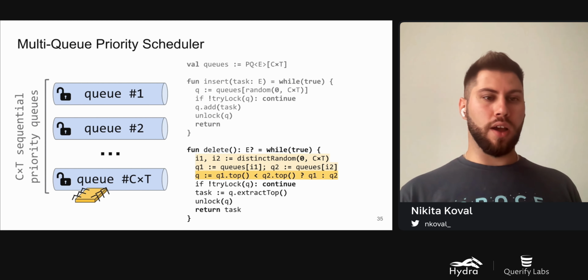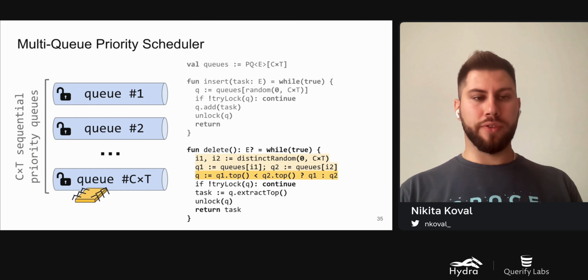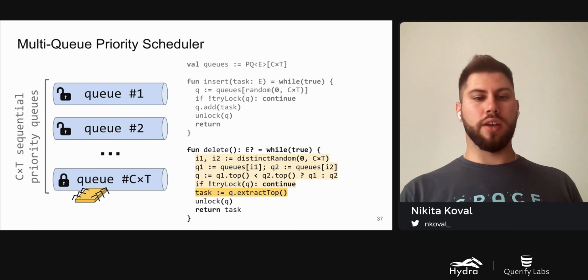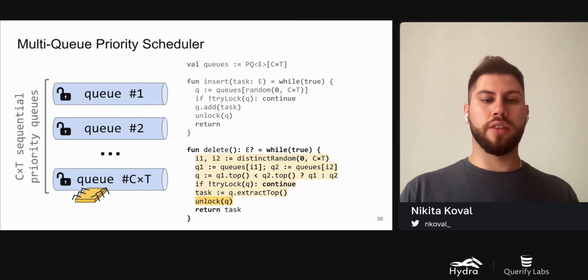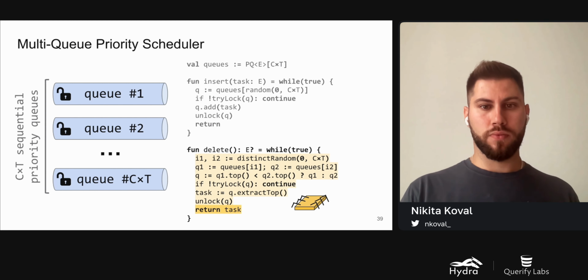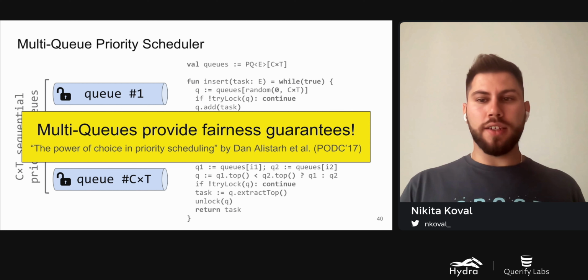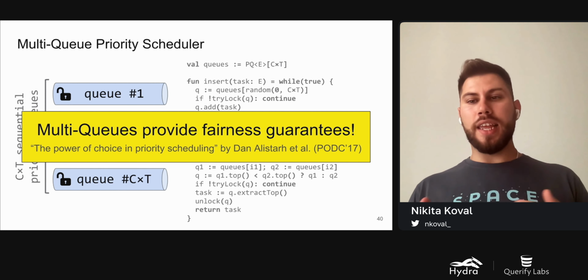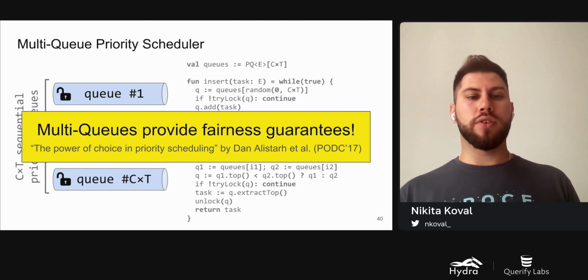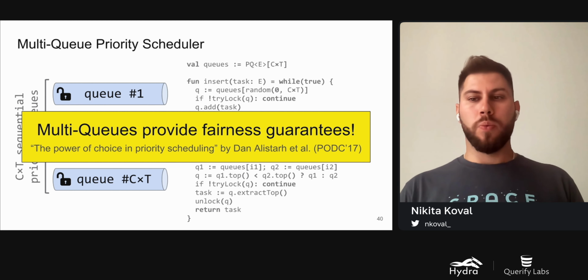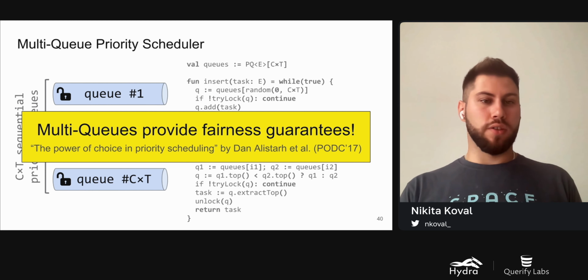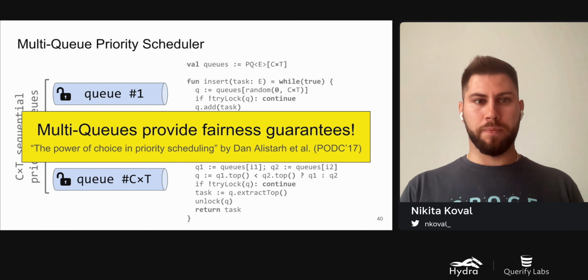And of course, after that, we lock the chosen queue, extract the highest priority task from it, release the lock and finish. And interestingly, this scheme provides very good fairness guarantees, and we can see this in practice. We can see this in many theoretical papers.